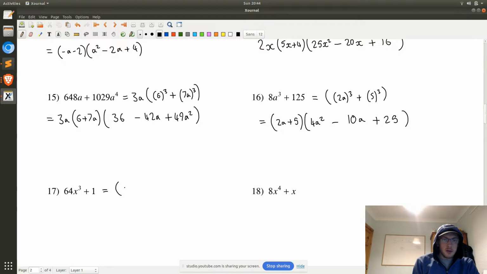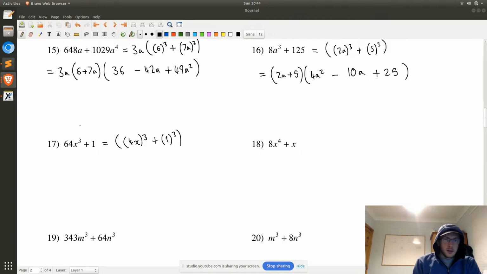This is the cube of 4x, and that's the cube of 1. Sum of two cubes.